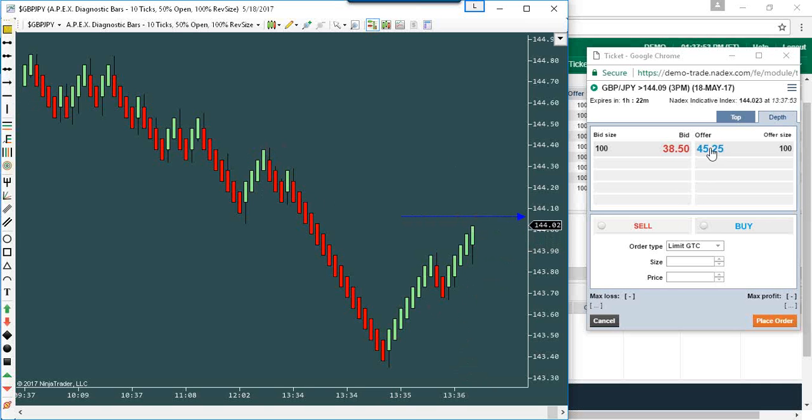Remember we had like 15 ticks of room, right? It was up here like in the 144.25 range. It was right in here. Remember? About 15 pips of insurance. Now, 143.75 is right here.